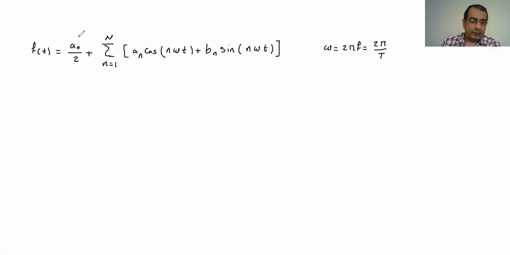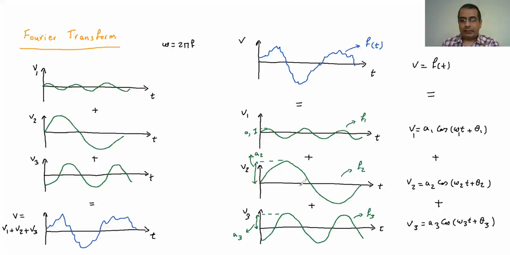Here, just to mention that there is one term that is neither sine nor cosine. This is basically the mean of the signal. If your signal has a mean that is not zero, then you add it in. The mean of the sine and cosine terms are all going to be zero.